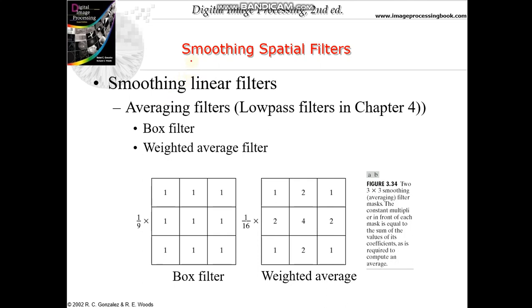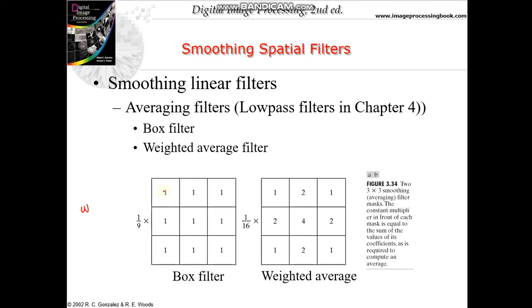So coming to smoothing spatial filters. Smoothing means averaging. To get a smooth result, we are finding the average. So to perform averaging, the filter w we are using is 1 1 1, 1 1 1, 1 1 1. This is a box filter.